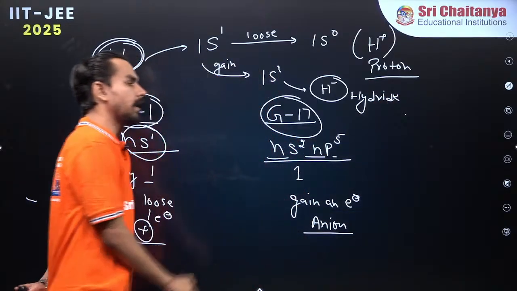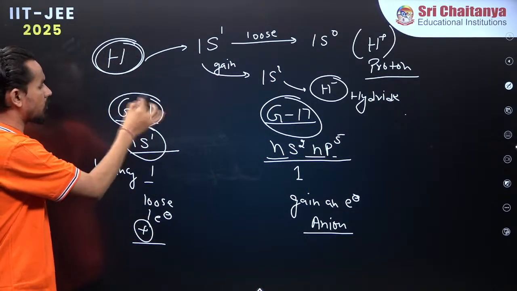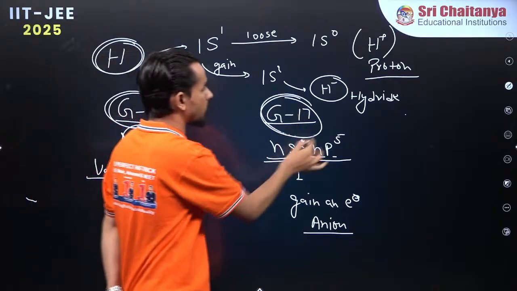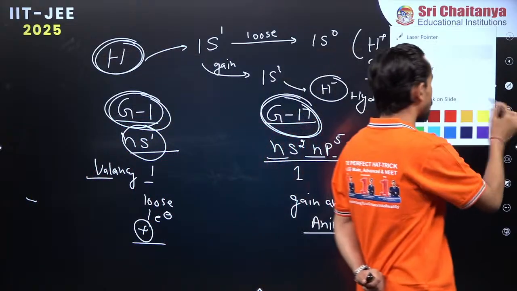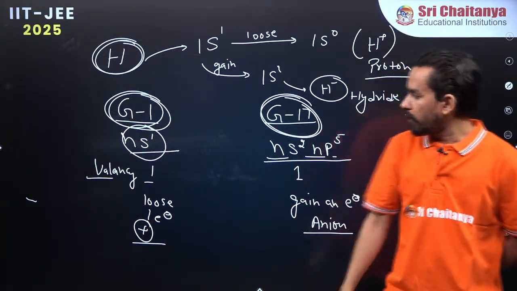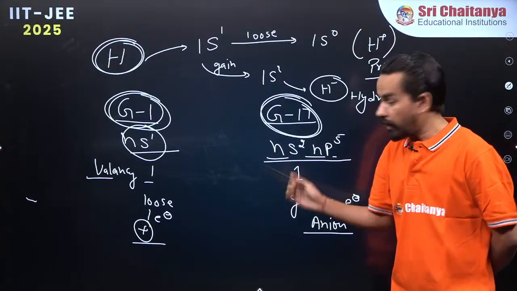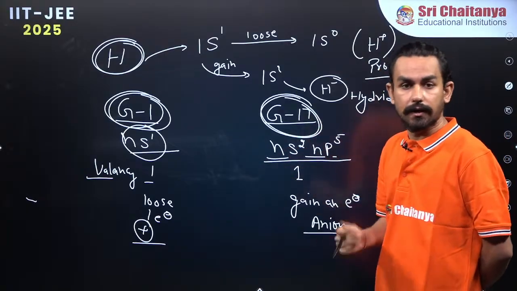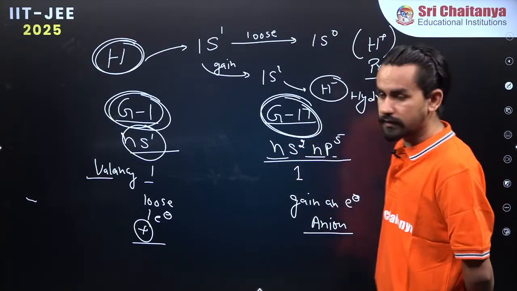So it can behave in some ways like group 1 and in some ways like group 17. In terms of group 1 it is losing an electron, whereas in terms of group 17 it is gaining an electron. Both things it can do.